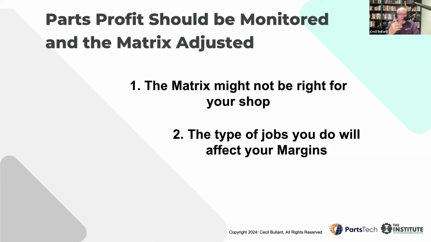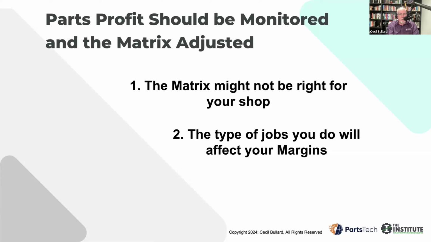I might have that business, the tire store business, where half my business is tires, and I'm going to have a lower margin on those. But on the things that are not tires, that are service and repairs, I'm going to set a goal for 58%, and I'm going to track that and make adjustments to my matrix to get there. I might have a shop where I'm doing a lot of engines.